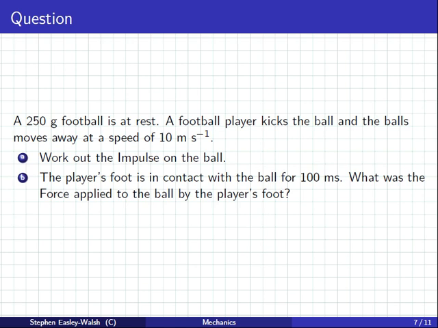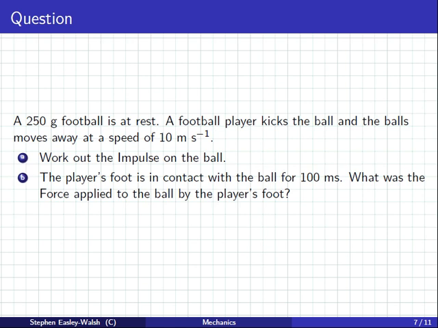The player's foot is in contact with the ball for 100 milliseconds. What is the force? So which formula do you need now? You could use F equals delta P over delta T. Do you know the F? No. Do you know the delta P? Yeah, what's the delta P? 2.5. And the delta T?